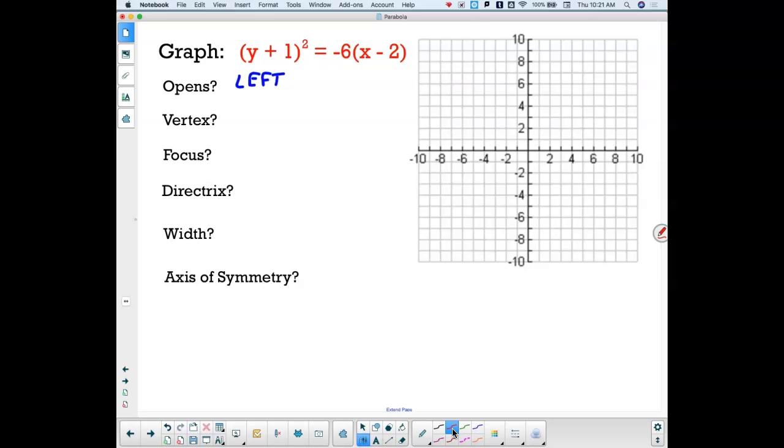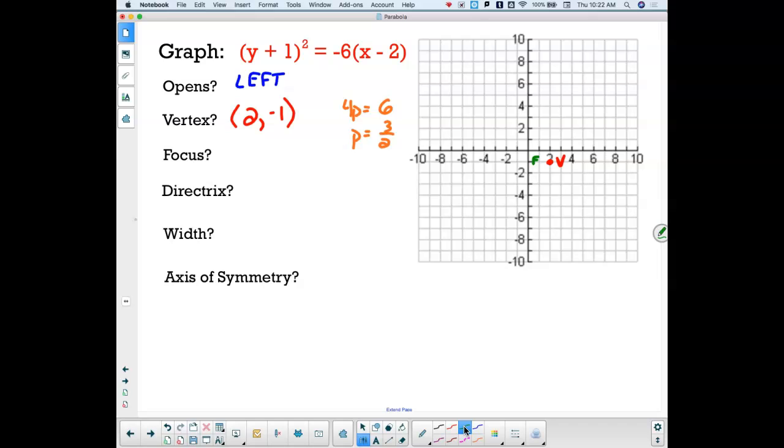Vertex is going to be at +2, -1. 4p is going to be 6, so p is going to be 3/2, which means my focus is going to be 1.5 to the left of my vertex, which puts it right there.